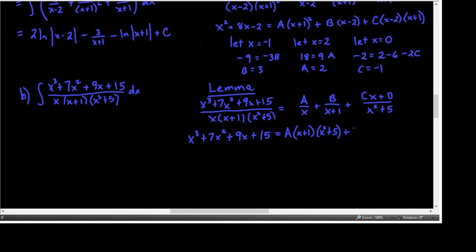Multiplying the second fraction by our common denominator cancels the x plus 1, leaving the x and the x squared plus 5. And multiplying our LCD by the third fraction cancels the x squared plus 5, leaving x times x plus 1.